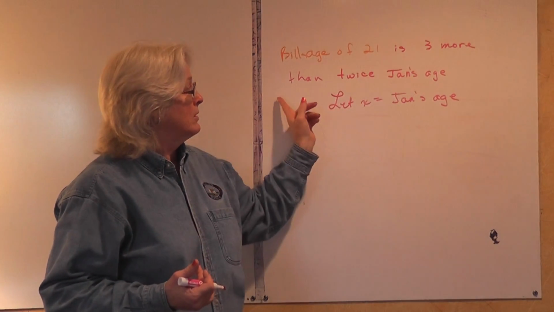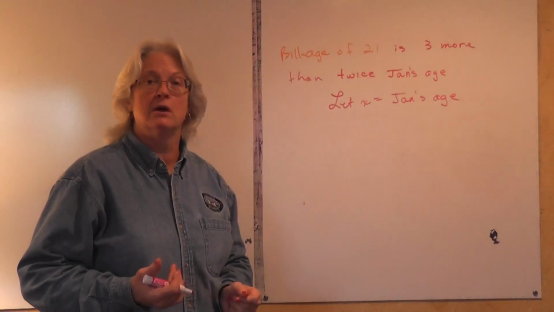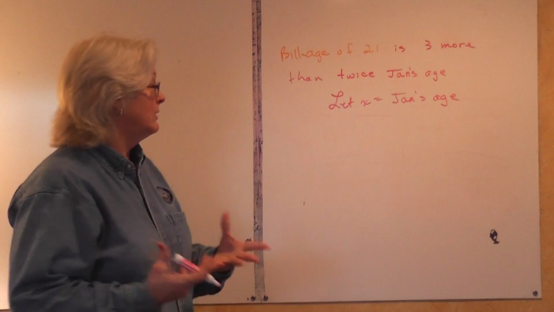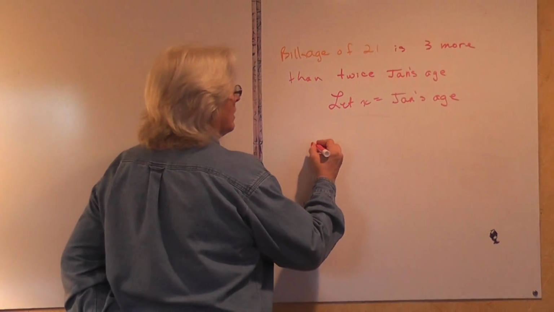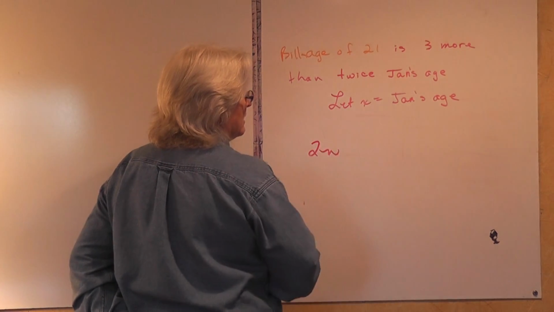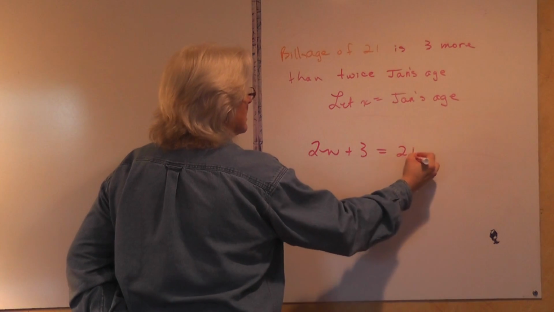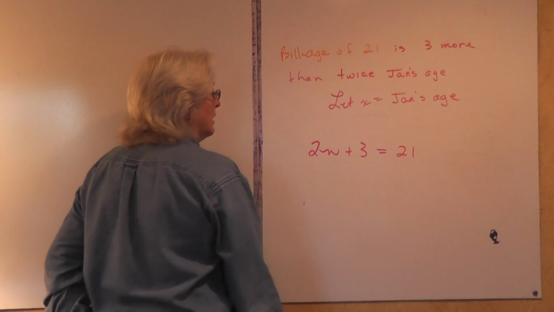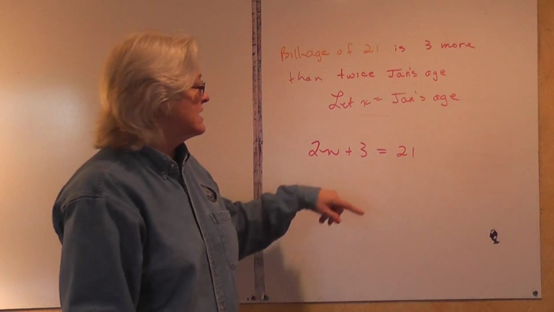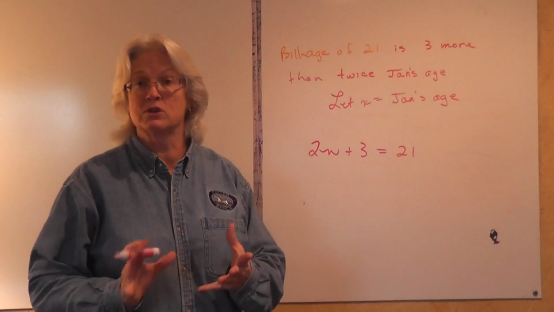Okay, 3 more than twice Jan's age. What are we beginning with? We're beginning with twice Jan's age, and we're adding 3 to that to say that we have 21. You're going to see that Jan's age is actually 9, but we're not solving the problem.